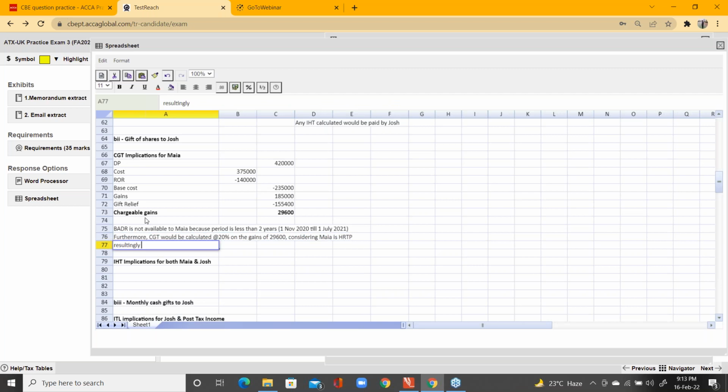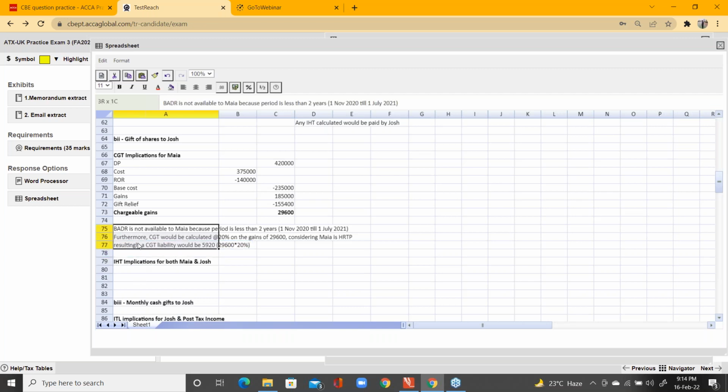Resultingly, the CGT liability would be 5,920. Where are we getting this 5,920 from? The chargeable gains of 29,600 multiplied with the high rate of CGT, 20%. It's not residential property, these are shares, but as she is a high rate taxpayer, the high rate of CGT is applicable. So if 29,600 is multiplied with 20%, it gives you a capital gains tax liability of 5,920.